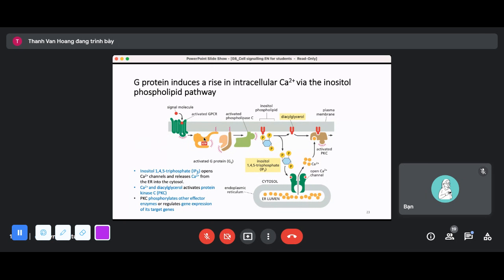IP3 opens the calcium channel in the ER and releases calcium, and calcium ions and diacylglycerol activate protein kinase C. And protein kinase C will regulate its target genes. So my question is, how can this signaling be regulated? How can it be stopped?